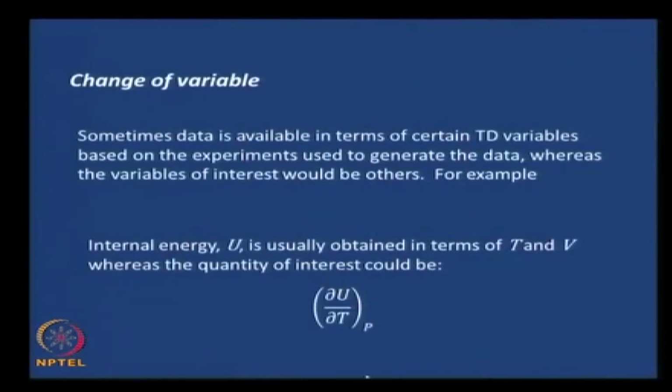The example that we started out with was internal energy, which we said was usually obtained in terms of its variation with temperature at constant volume, whereas the quantity of interest could be internal energy variation with temperature at constant pressure. To look at that, let us begin with internal energy as a function of temperature and volume.